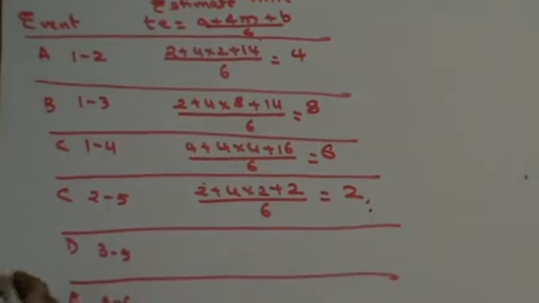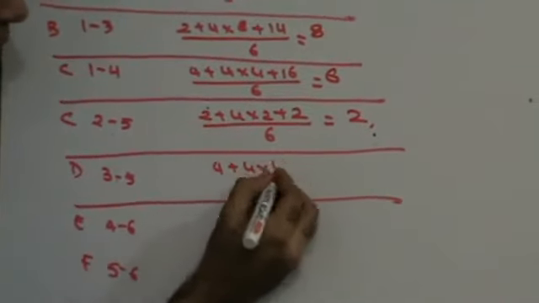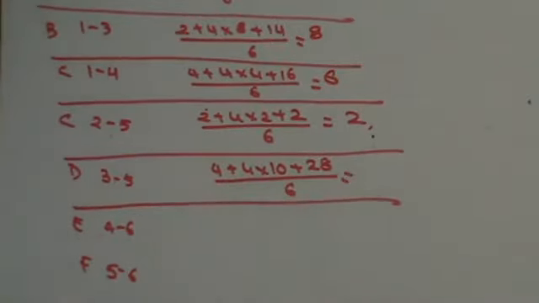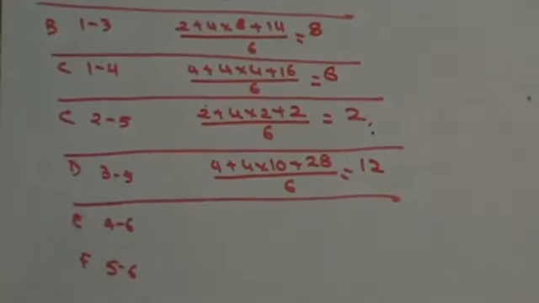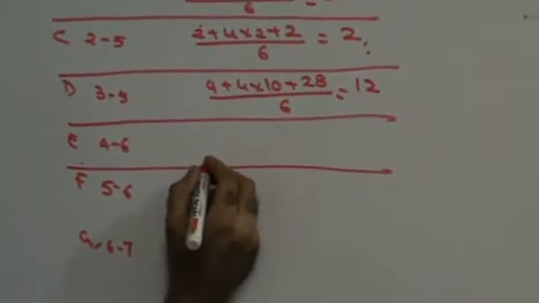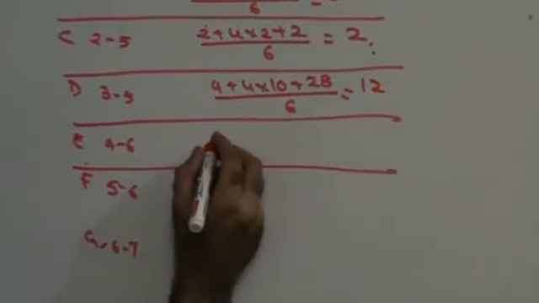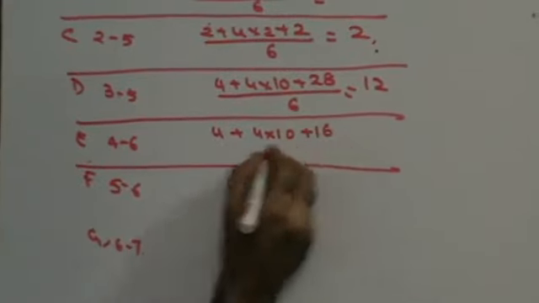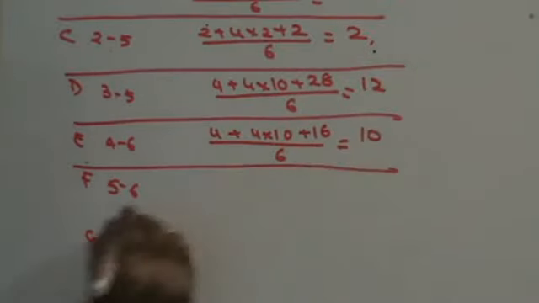Next, 4 plus 4 into 10 plus 28 divided by 6, which comes out to be 12. Next, 4 to 6 is 4 plus 4 into 10 plus 16 divided by 6, which comes to 10.